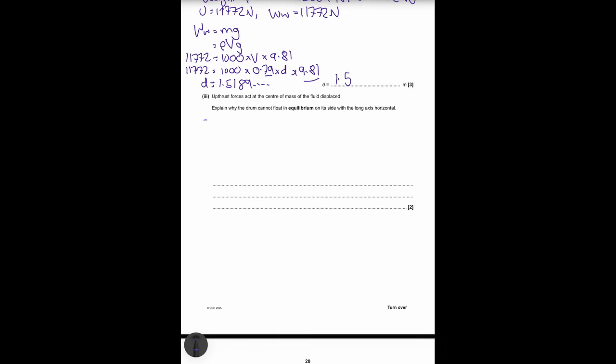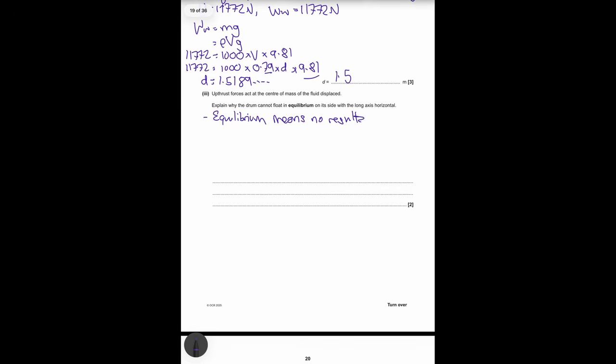I know that equilibrium means that there's no result. I'm going to start with the law, principle, formula, and I'm just going to show the examiner that I know that. So equilibrium means no resultant moment, no resultant force. And the reason why I'm leaning towards moment here is because it's saying, why can't it be on its side?